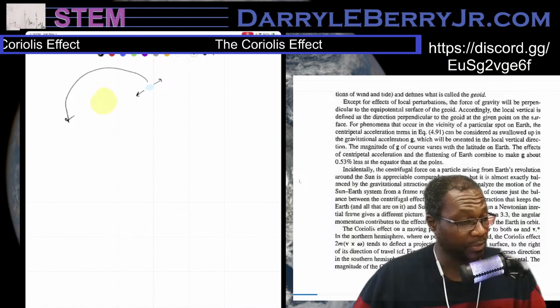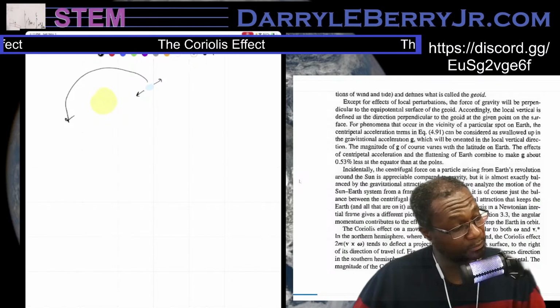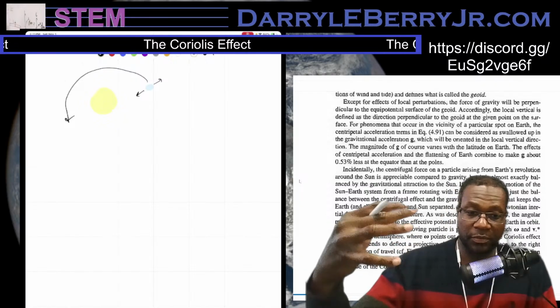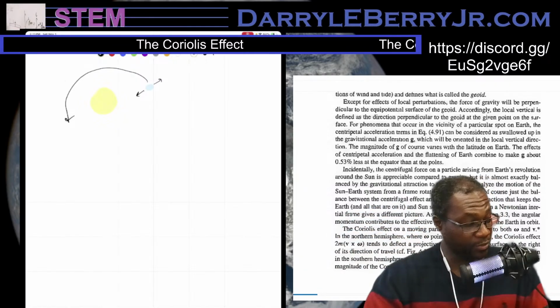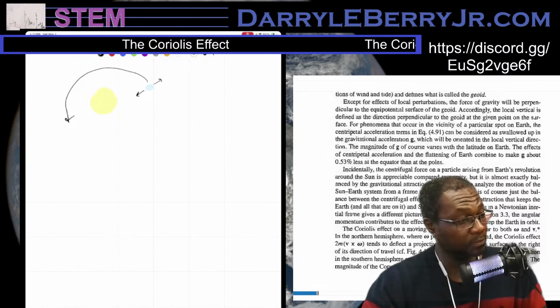An analysis in a Newtonian inertial frame gives a different picture. As was described in section 3.3, the angular momentum contributes to the effective potential energy to keep the Earth in orbit. Okay? So the Earth has a potential from where it's situated. It doesn't fall down.